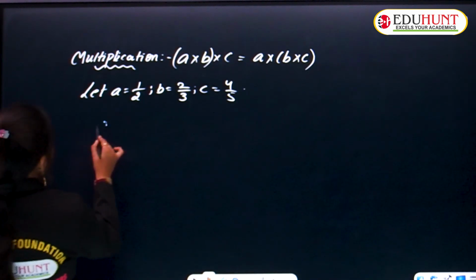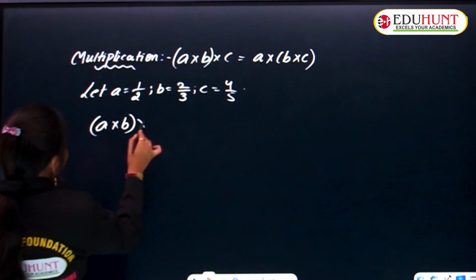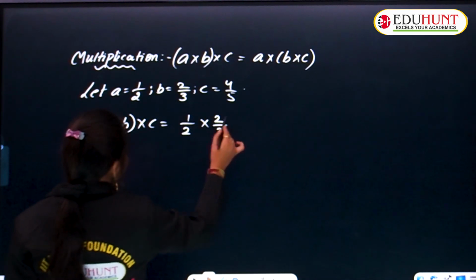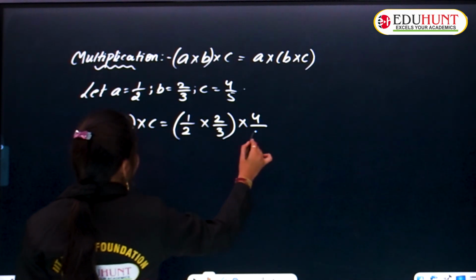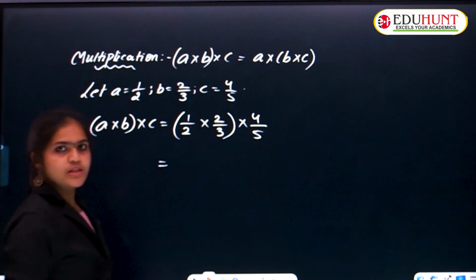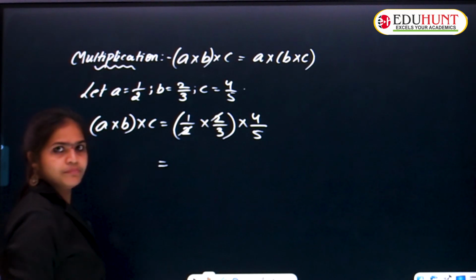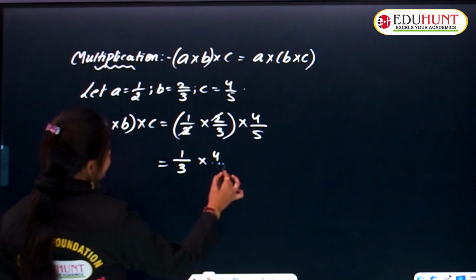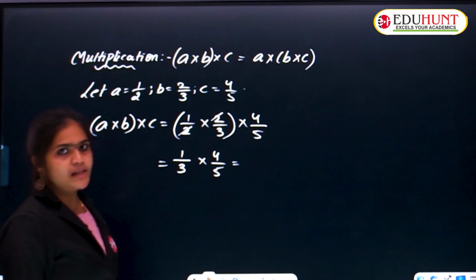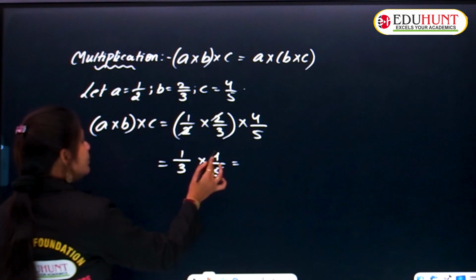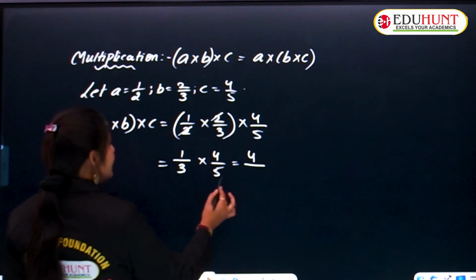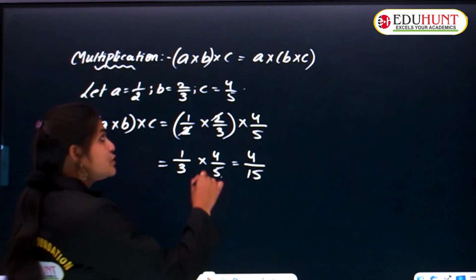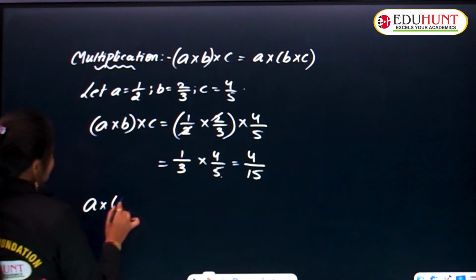Now (A into B) into C is equal to 1 by 2 into 2 by 3 into 4 by 5. Cancellations possible? Yes, of course, 2 and 2 get cancelled. 1 into 1 is 1, 1 into 3 is 3, into 4 by 5. Any other cancellations possible? Not possible. Then take the product of numerators, 4 into 1 is 4, 3 into 5 is 15. How much did you get here? 4 by 15.